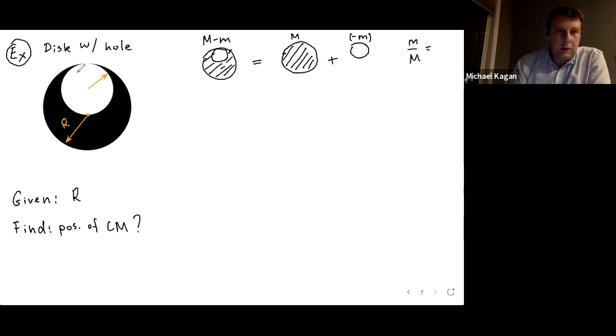So this is R over 2, right? So what is this ratio?